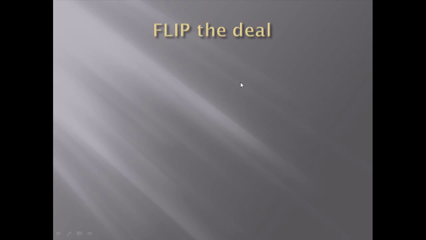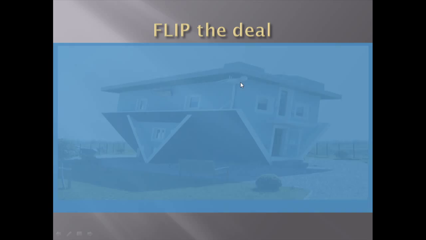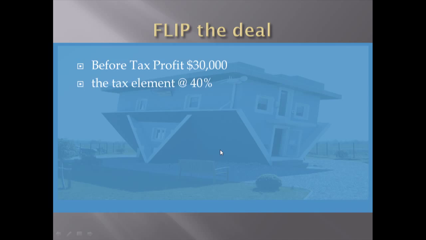Now I'll deal with the tax aspects later, although I will briefly refer to them now. The before tax profit on the deal, as we said, is 30 grand. The 40% tax element is going to leave the wholesaler with 18 grand. So the after-tax net earnings is nowhere near as attractive as what it could be.